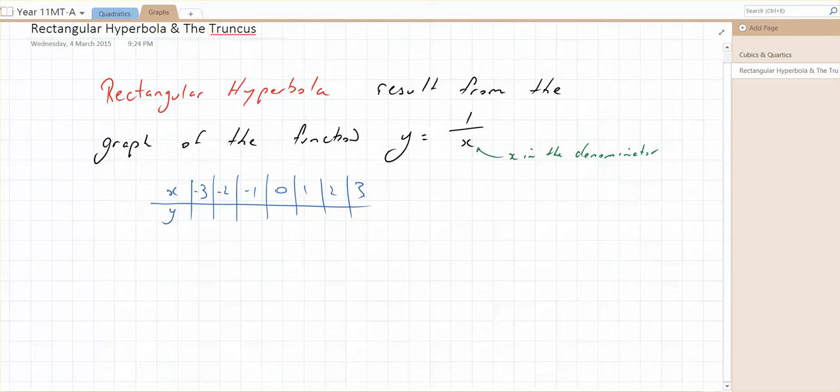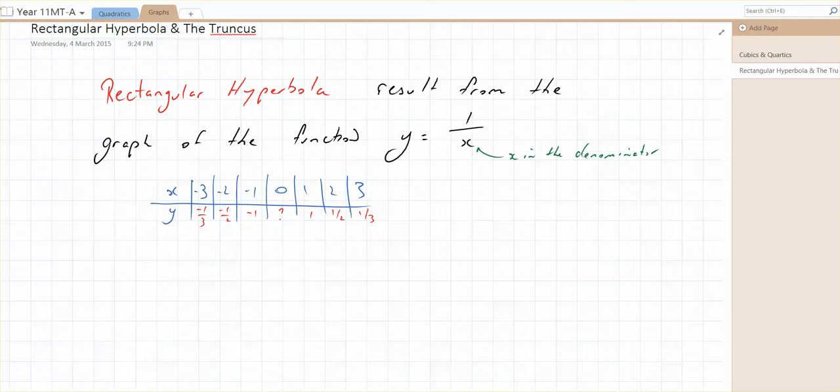If we start up here with 3, y equals a third. Put 2 in there, y equals a half. 1 in, y equals 1. 0 in there, 1 over 0. Whoa, 1 over 0. That's an issue, and that's a key point. Put in minus 1, 1 over minus 1, that's minus 1. 1 over minus 2 is minus a half. 1 over minus 3 is minus a third. See what's going on there.